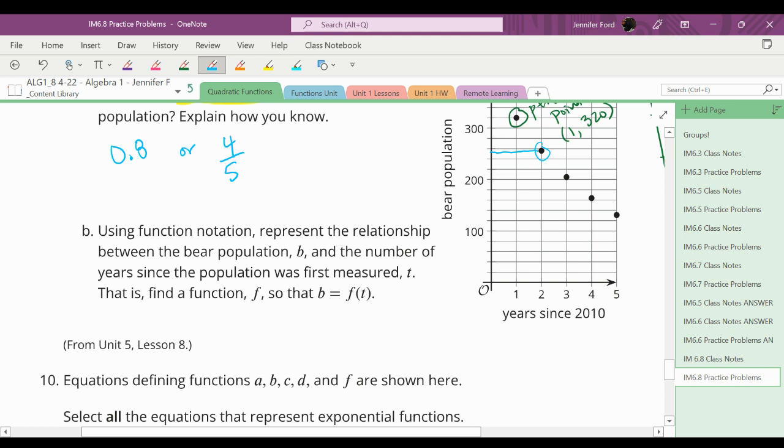You can name your function whatever you want to. I'm going to name my function B of T. You could name it f of T. I don't care. B of T, I start with 400, and then I multiply that 400 times 0.8 raised to the T power. Okay, that's how I would do it.